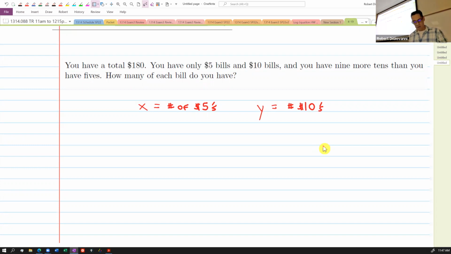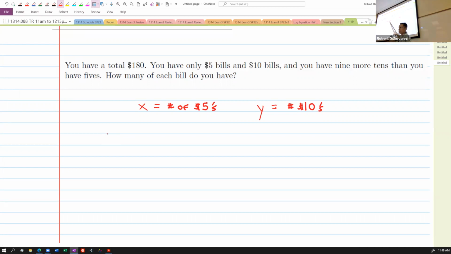Someone want to give me the first equation that they got? X plus Y is 180. You sure? So X is the number of fives you have, right? So if X is 1, you have $5. If X is 2, you have $10.